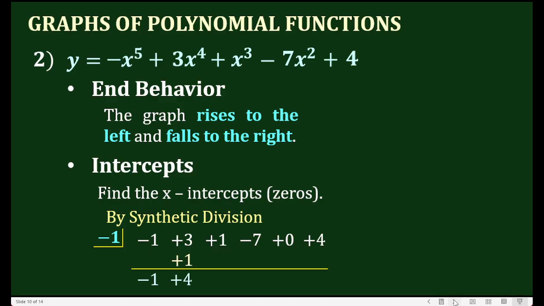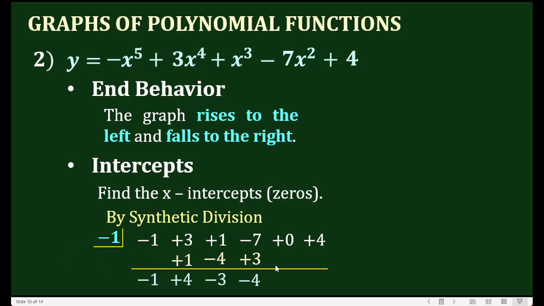So that is plus 4, times negative 1 is negative 4, added to positive 1. So that is negative 3. Negative 3 times negative 1 is plus 3, added to negative 7. So that is negative 4.